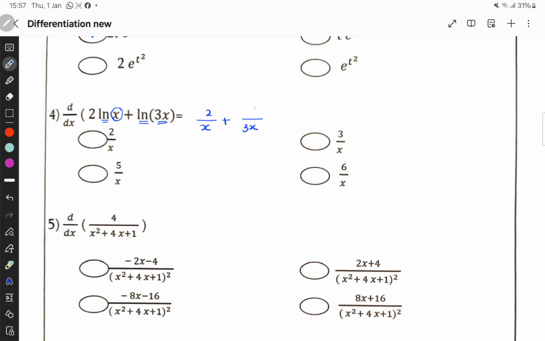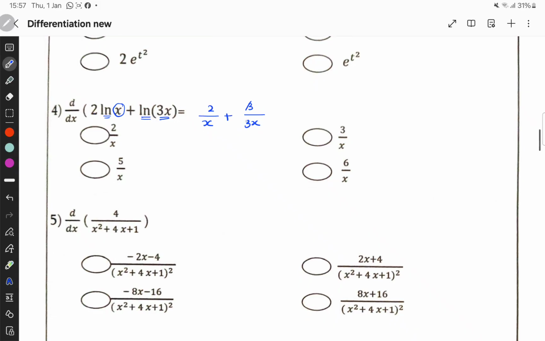The derivative of 3x, it will be 3. So I noted that 3 divided by 3 as a factor, it will be 1. So that means I have 2 over x plus 1 over x. Sum of two fractions with like denominator, so the denominator is still x. And we're just adding the numerators 2 plus 1, it will be 3. So the answer will be 3 over x.